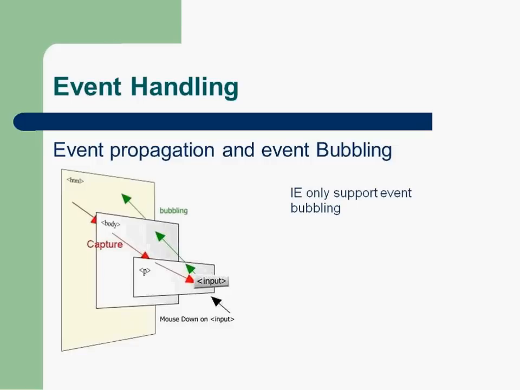That is called capture. When you come from the top, from the outermost element to the innermost element, that is the capture phase. In the bubbling phase, your event propagates from the innermost element to the outermost element, like a bubble, it goes up. So these are two phases.